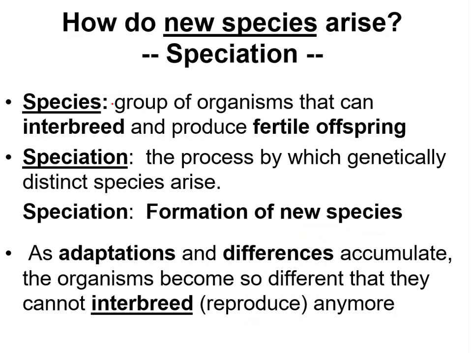So a species is a group of organisms that can interbreed and produce fertile offspring. And fertile just means the ability to also reproduce. It is possible to have sterile offspring that cannot reproduce, like a donkey and a horse. They can breed with each other, so they can interbreed, but their offspring are infertile.